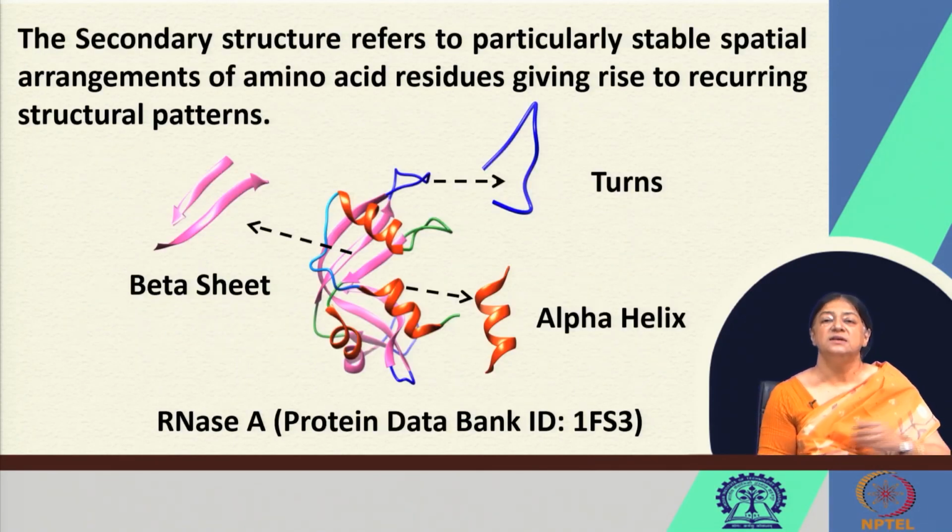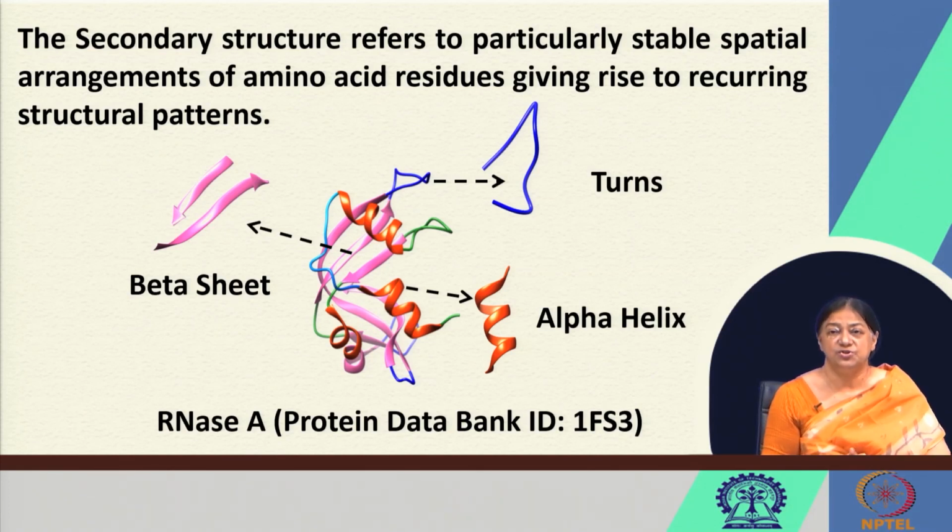The next came the secondary structure of proteins. The secondary structure gave the primary structure some geometric characteristics, in the sense that the amino acid residues were linked in a particular fashion.